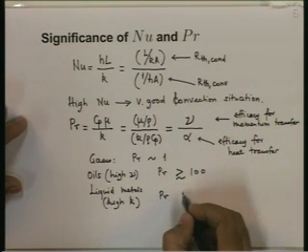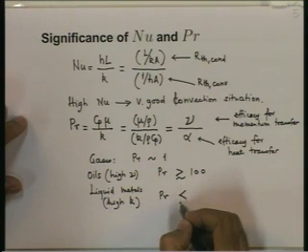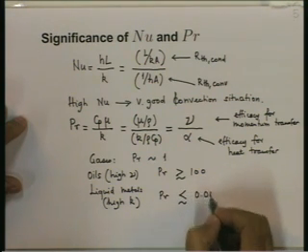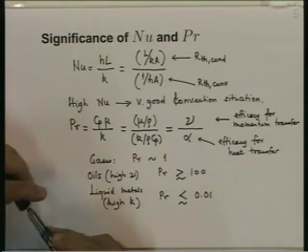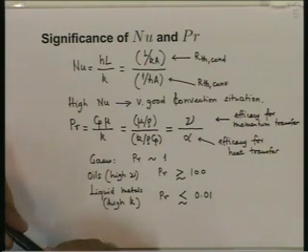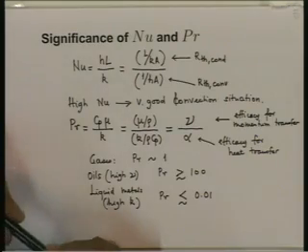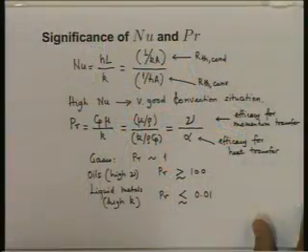Here the Prandtl number is of the order of or less than 0.01. So you will get a range of Prandtl numbers depending on the fluid and its state, pressure and temperature, going from something like 0.001 at one extreme with liquid metals to almost the order of 1000 for viscous oils.